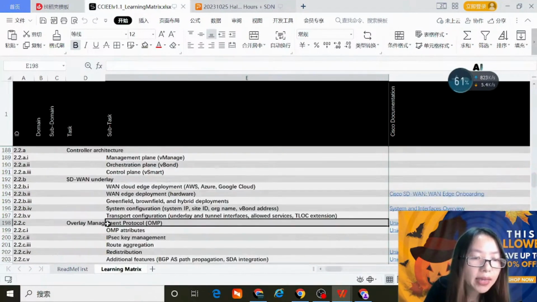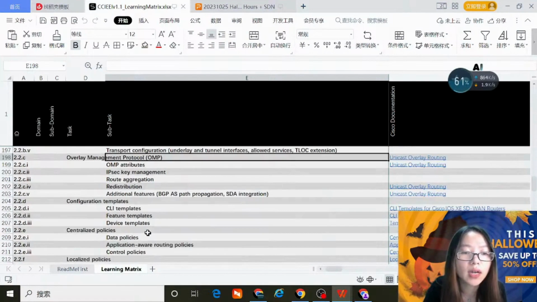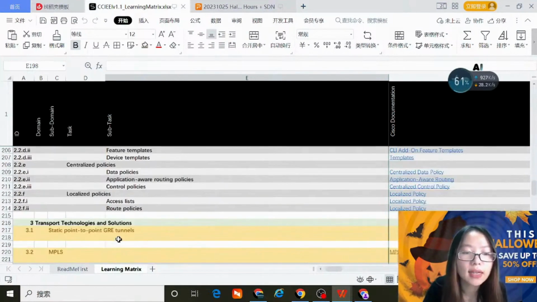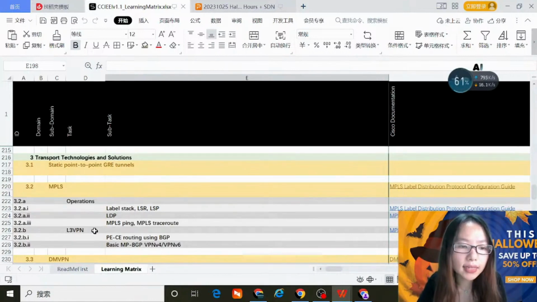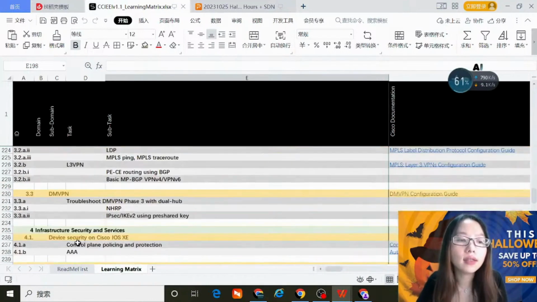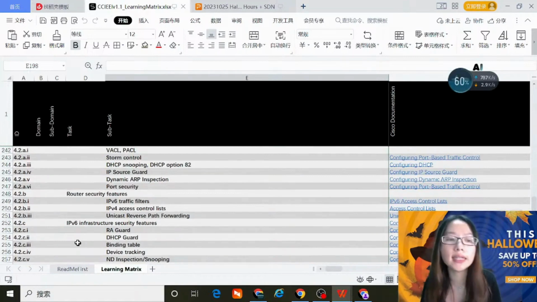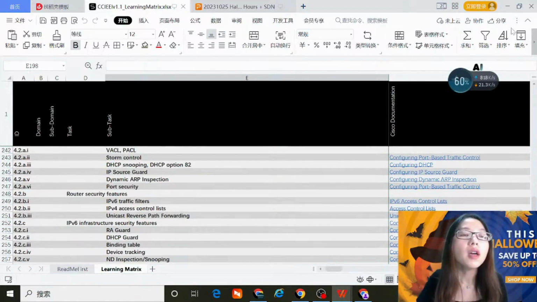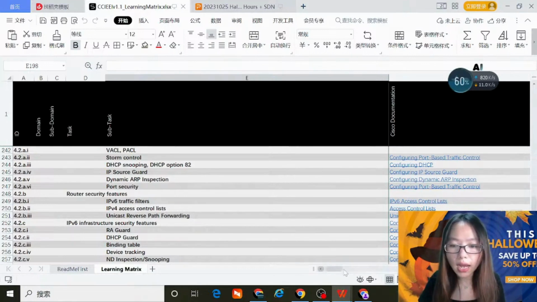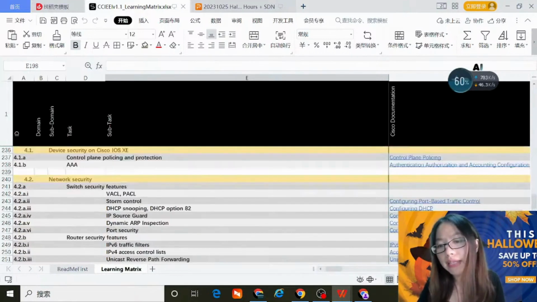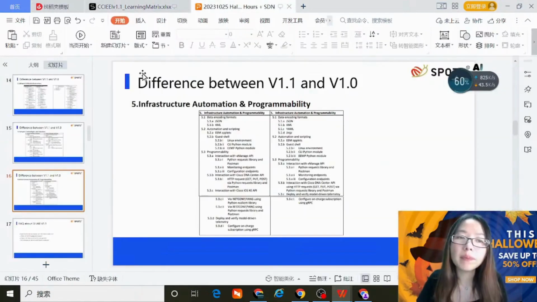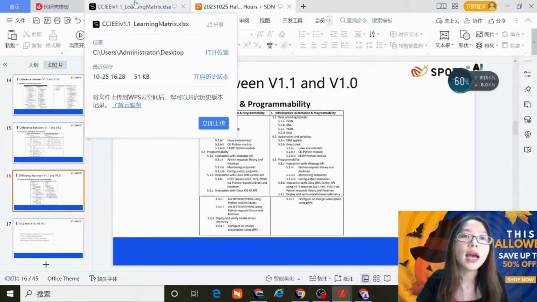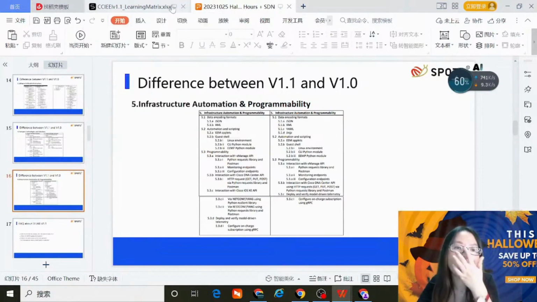Okay, OMP, Overlay Management Protocol. Okay, centralized, localized. Okay, so transport technology solution, MPLS, and DMVPN, and so on. So you can see its detail by yourself. Okay, so also there is a lot of related corresponding material. But there is a lot of content, and we need to invest a lot of energy.